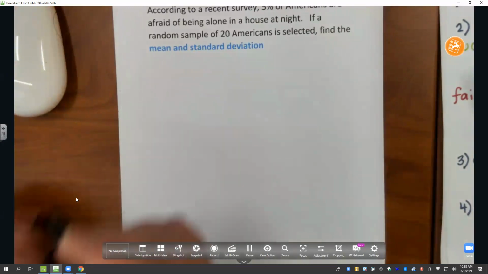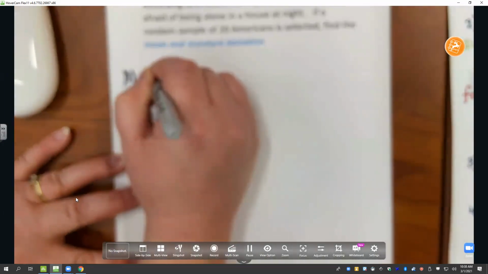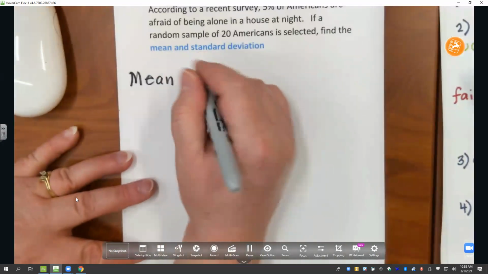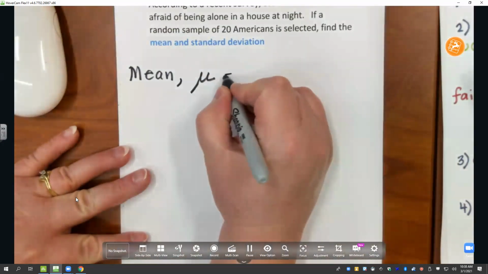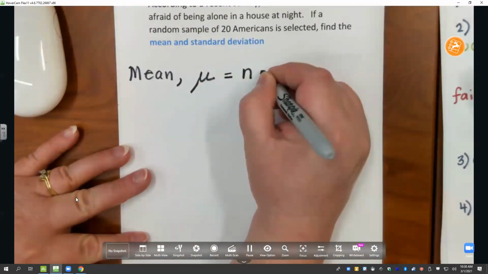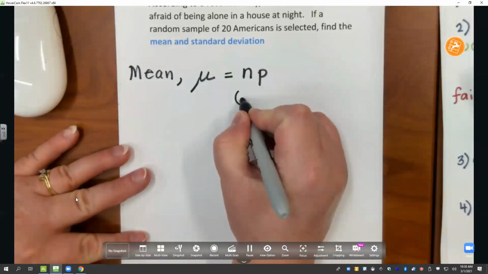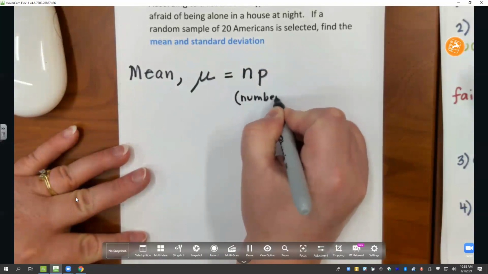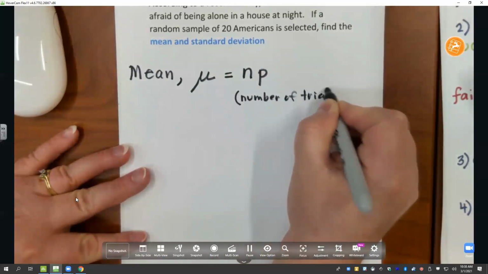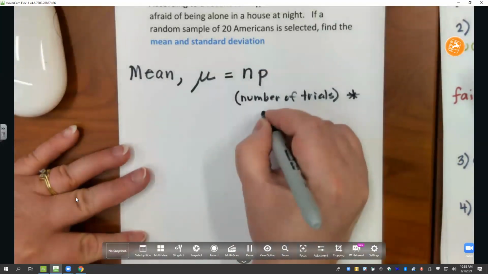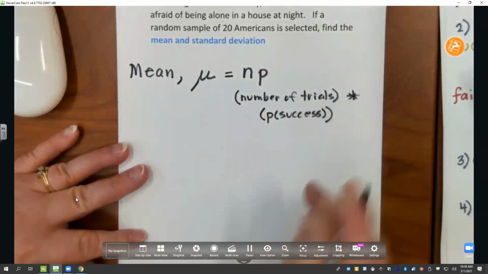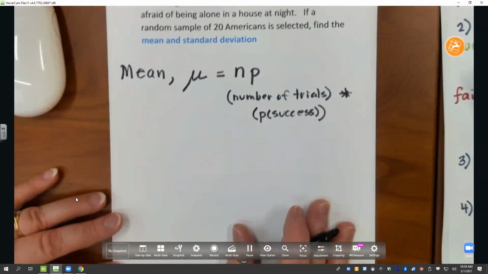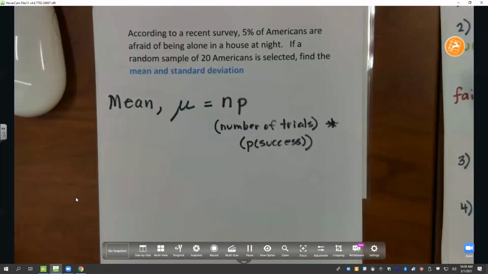So first, let me give you the formulas for the mean. And this is specifically for a binomial. The symbol for mean, remember, is the Greek letter mu. And it is n times p. So you're multiplying together the number of trials times the probability of success. So I'm still using the scenario about being afraid to be home alone at night.